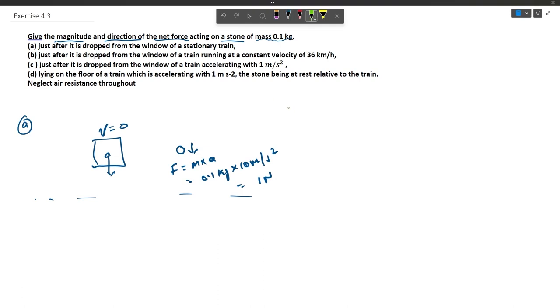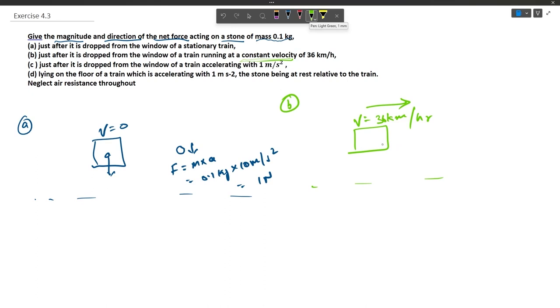Now in case B, we have the stone just after it is dropped from the window of a train running at a constant velocity of 36 km per hour. So in this case we have this train, it has a velocity of 36 km per hour. Let us assume that the velocity is in this direction. Now we see that the velocity is constant. Also, when the stone gets detached from the moving train, it has nothing to push.